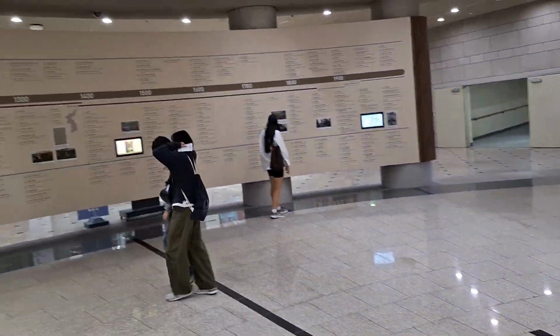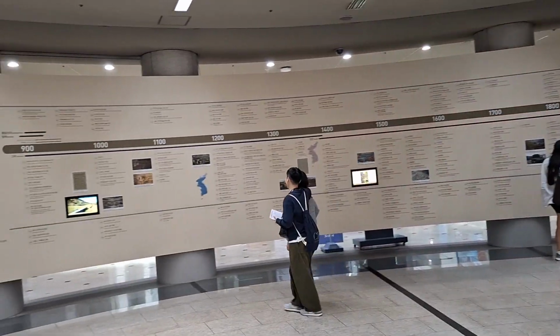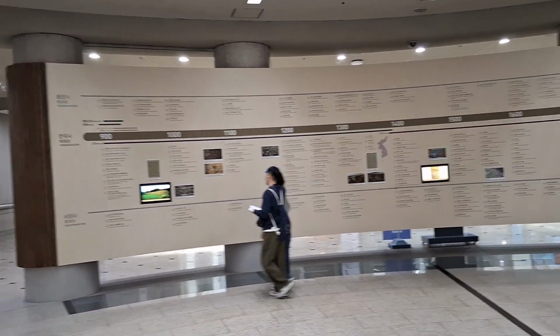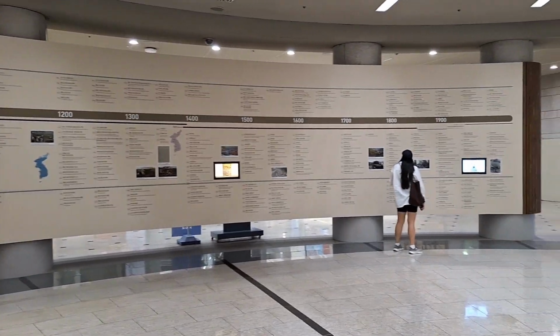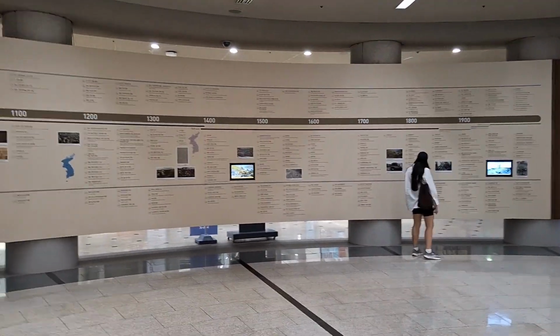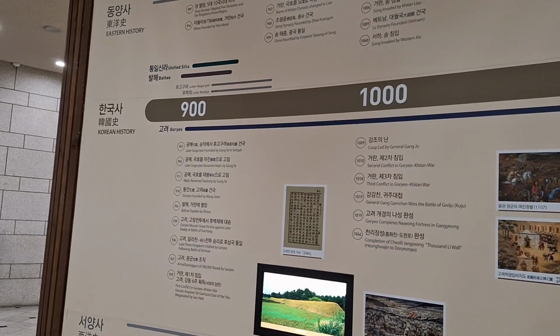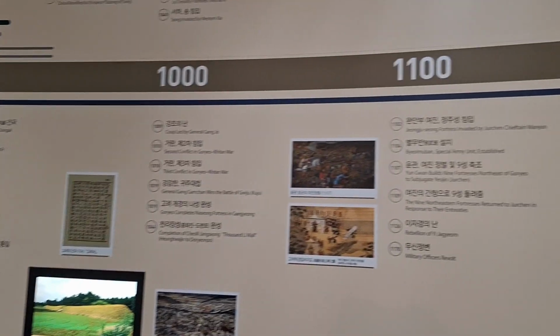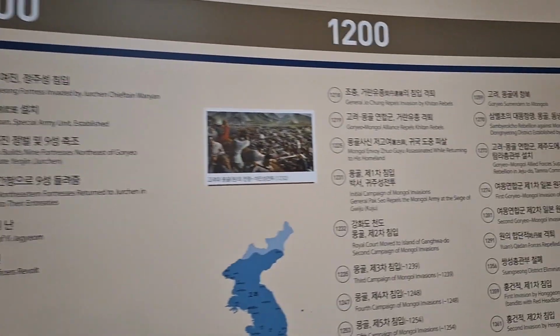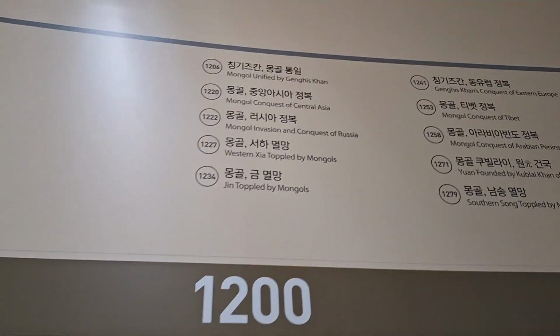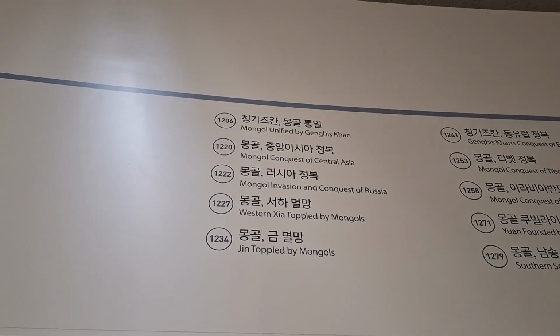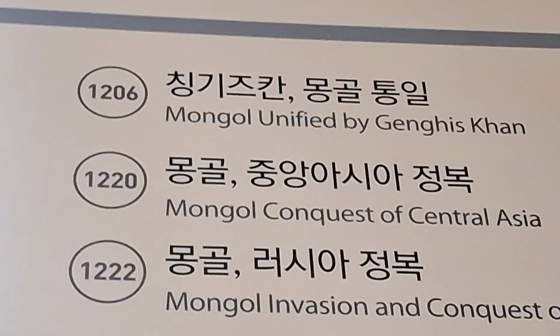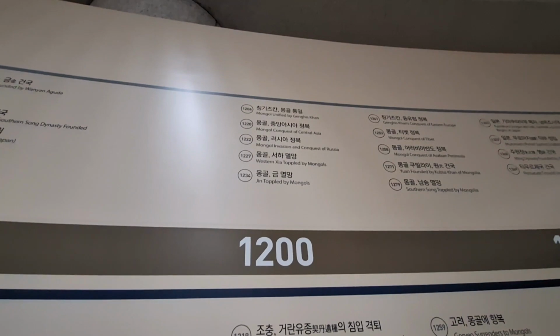and if you look over here, that's the timeline of Korea, and we'll go take a look at the timeline of Korea. Okay, they start out with basically about 900 AD, but we don't care about any of that stuff. All we care about is what happened in 1206. That's right, Genghis Khan.